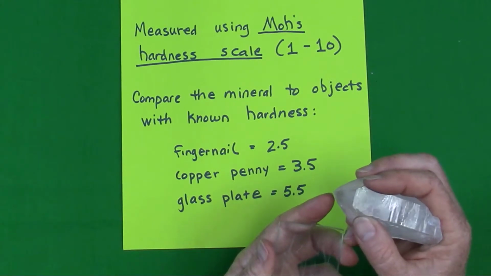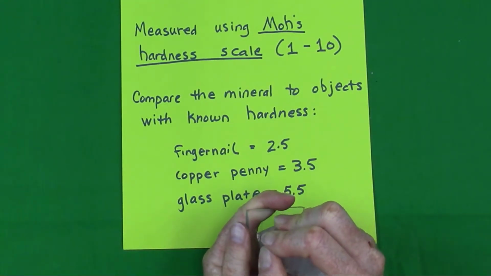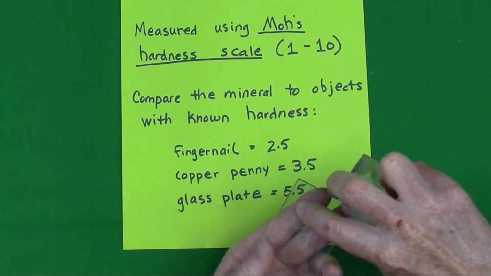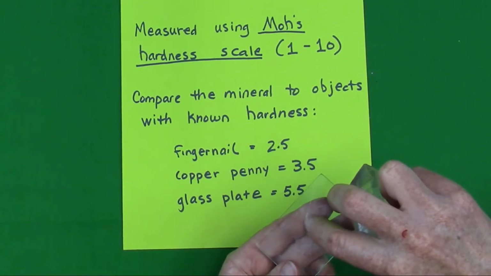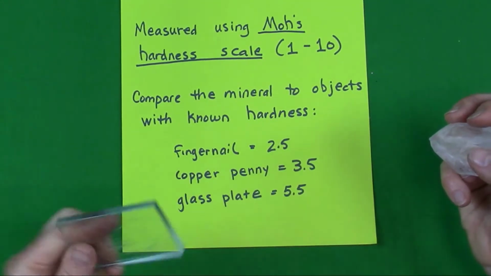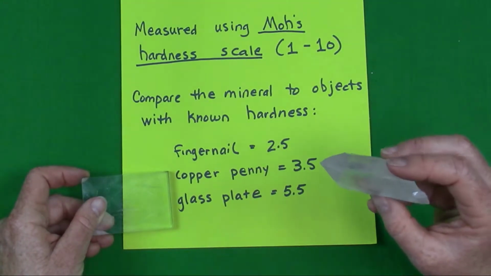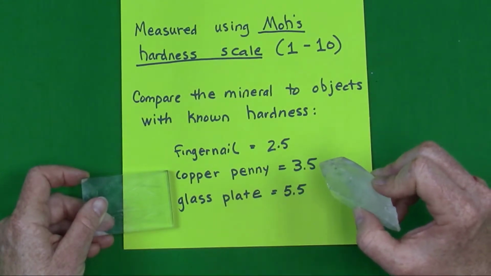So I'm going to take a corner of the quartz crystal and I'm going to rub it over the surface of the glass. Hopefully you can see that it's produced one very distinct scratch in the surface of the glass. So since the glass plate has a hardness of 5.5, we now know that this mineral is harder than 5.5.